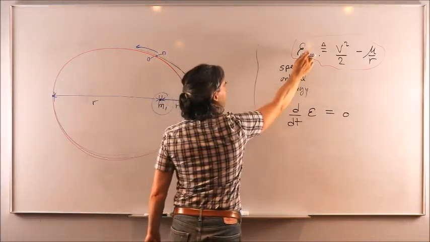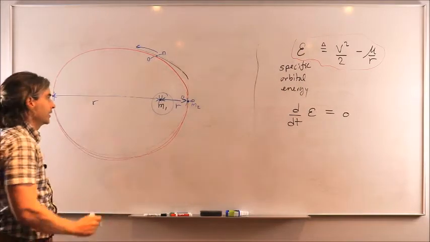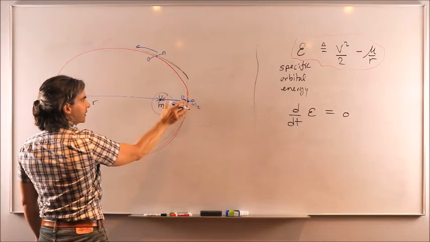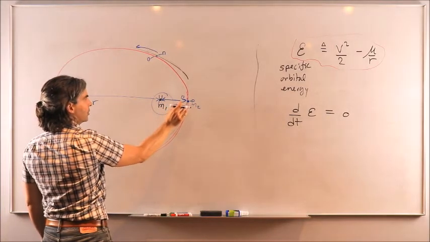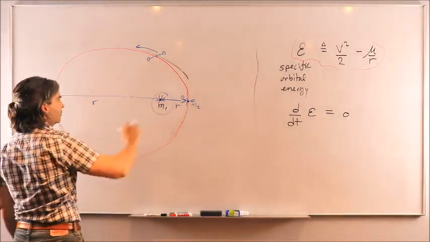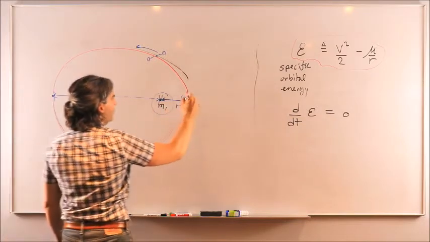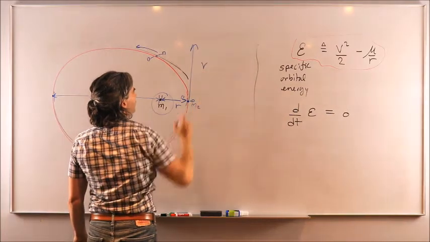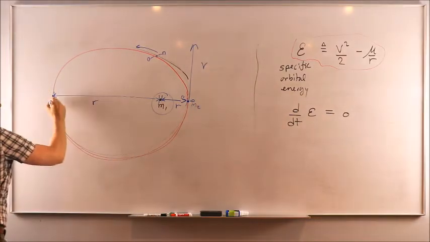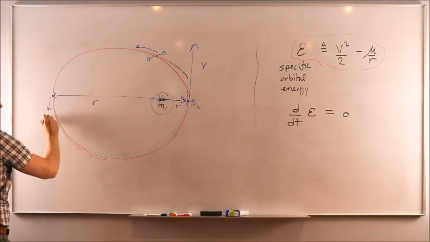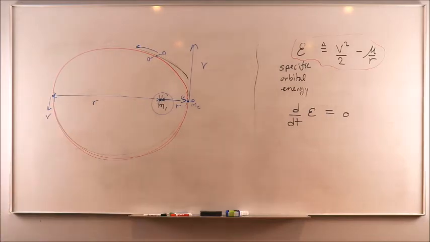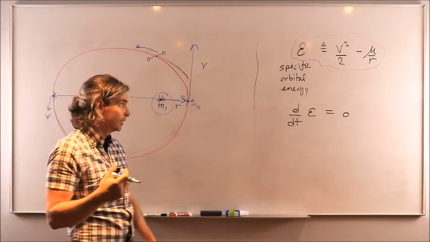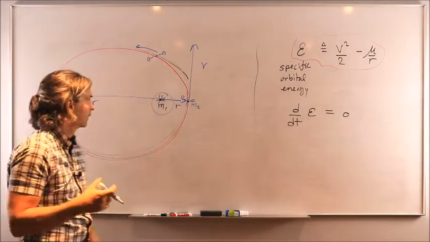If you look at the definition of the orbital energy, it means that the speed has to vary greatly too. Because if this gets smaller, to ensure that the orbital energy is conserved at any point along the orbit, it means that the speed has to be quite large there, but quite small over there, and varies in between, okay? So this is the implication of the orbital energy being conserved.